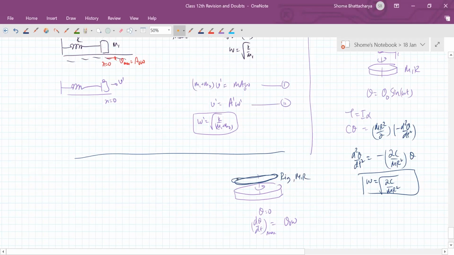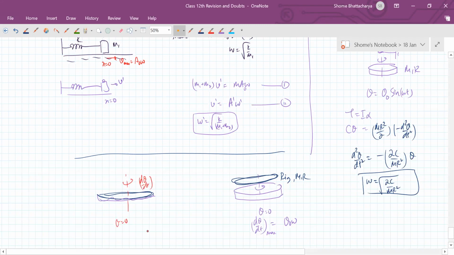So next instant what will happen? This and this will rotate together, the disk with the ring attached to it. This system will rotate together about this axis. So it will have some new value of d theta by dt.